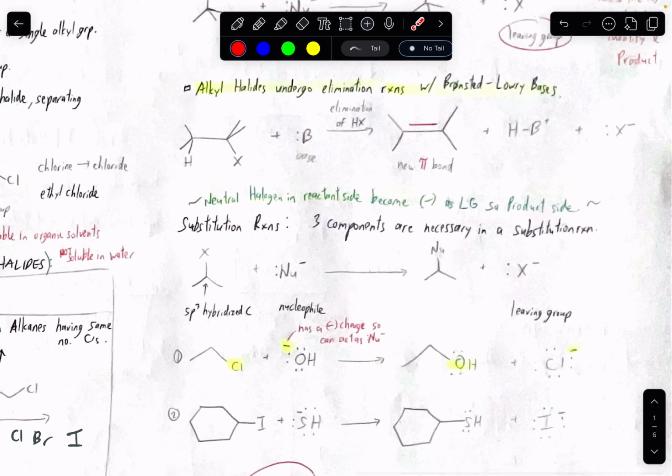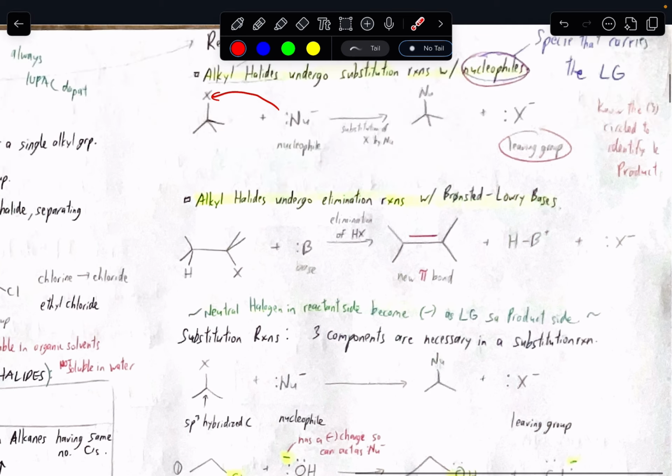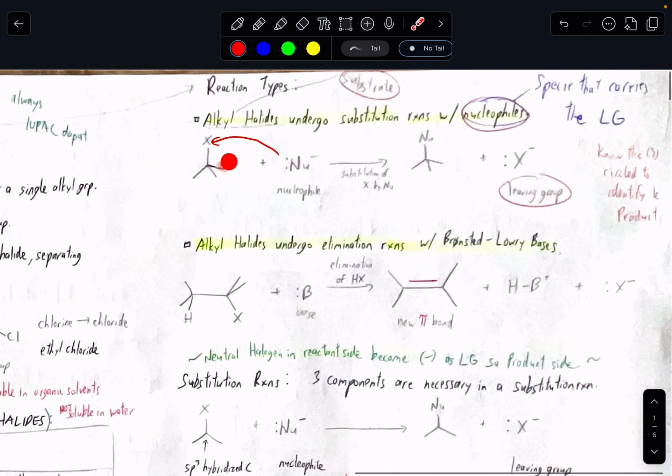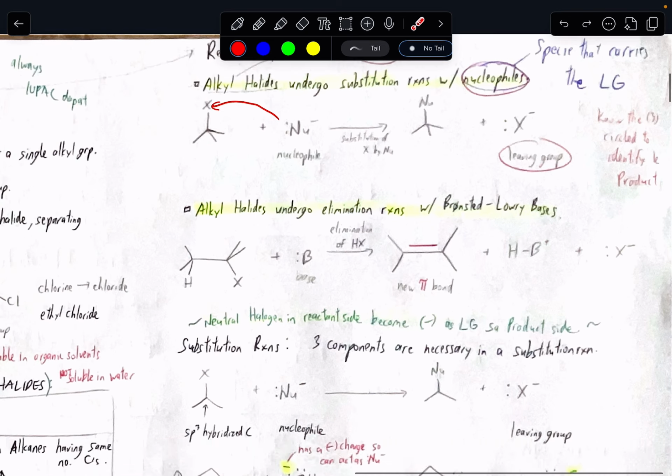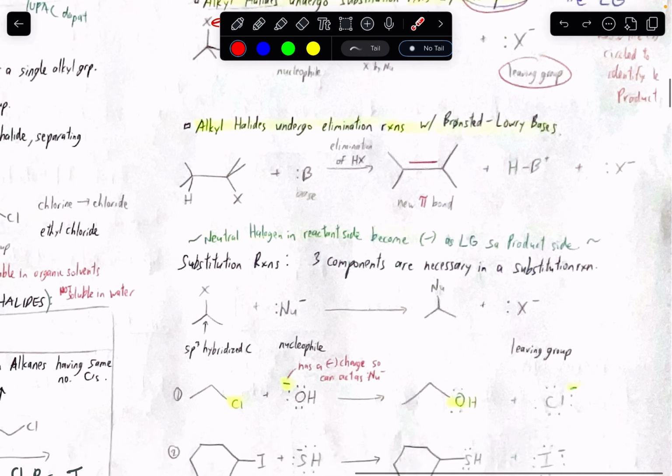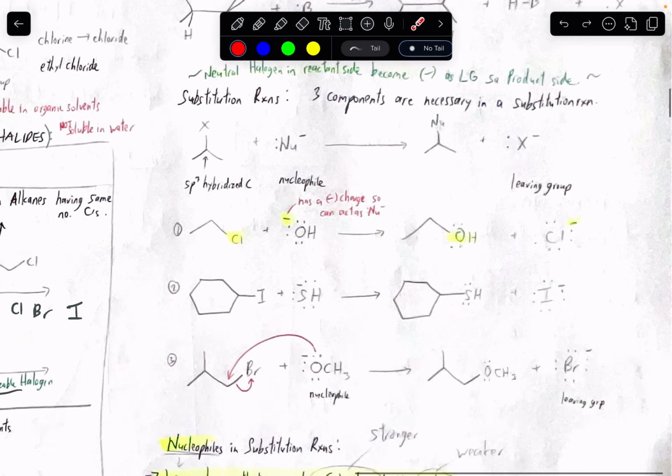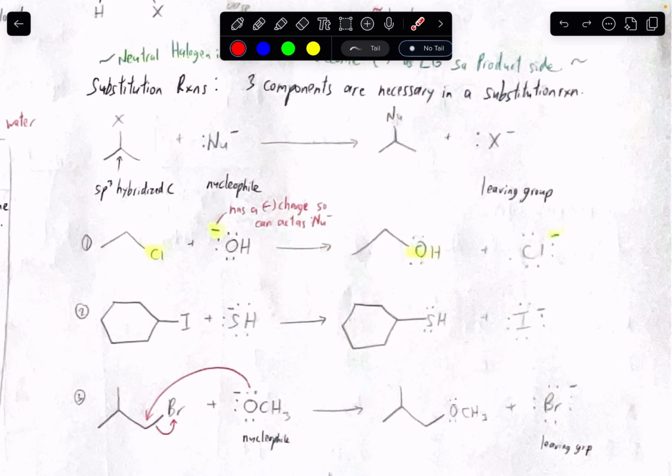So the neutral halogen in the reactant side becomes negative, if you noticed, as the leaving group at the product side. It was neutral in the reactant, and it became negative by the time it reached the product side. I am not sure if the other way around would also apply. We'll see if we can make an observation later on.